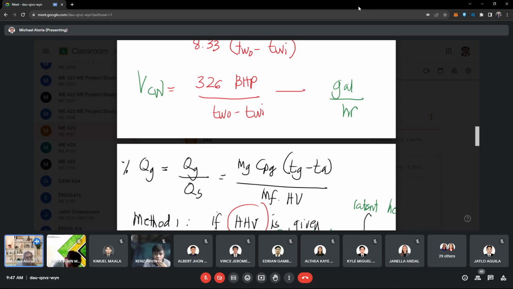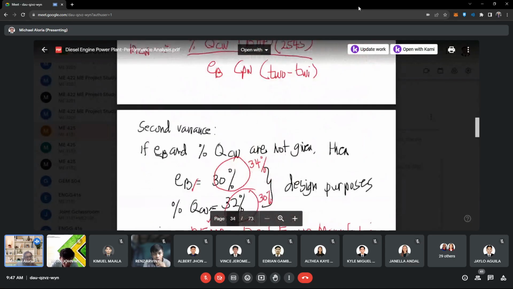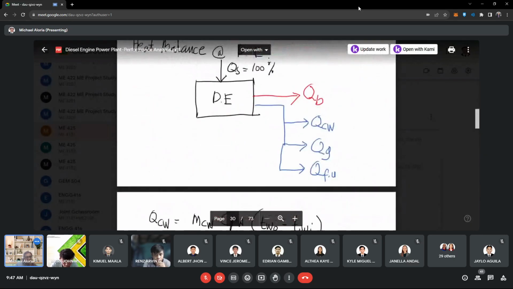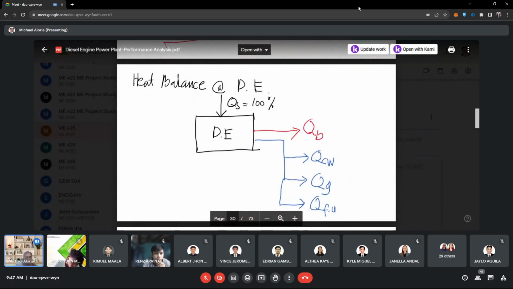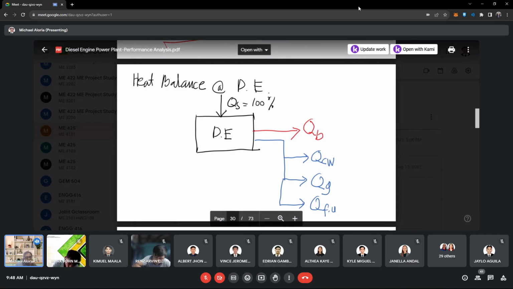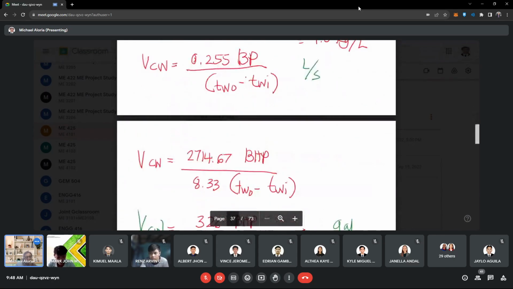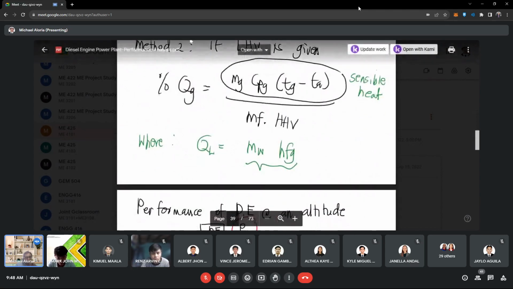Okay? So, paano natin makukuha yung mass ng exhaust gas? So, magmamass balance tayo sa ating diesel engine. Sabi natin, meron pumasok ditong mass ng fuel. Meron ding pumasok na mass ng air. At meron tayong lalabas na MG, mass ng gas, exhaust gas. So, mass ng fuel plus mass ng air is equal to MG. So, yun yung equation mo for mass ng exhaust gas natin.